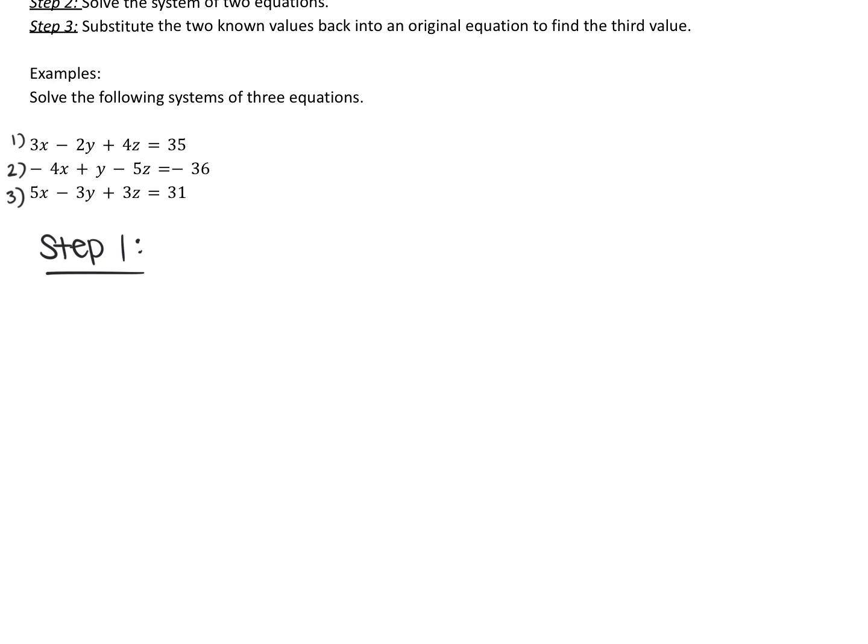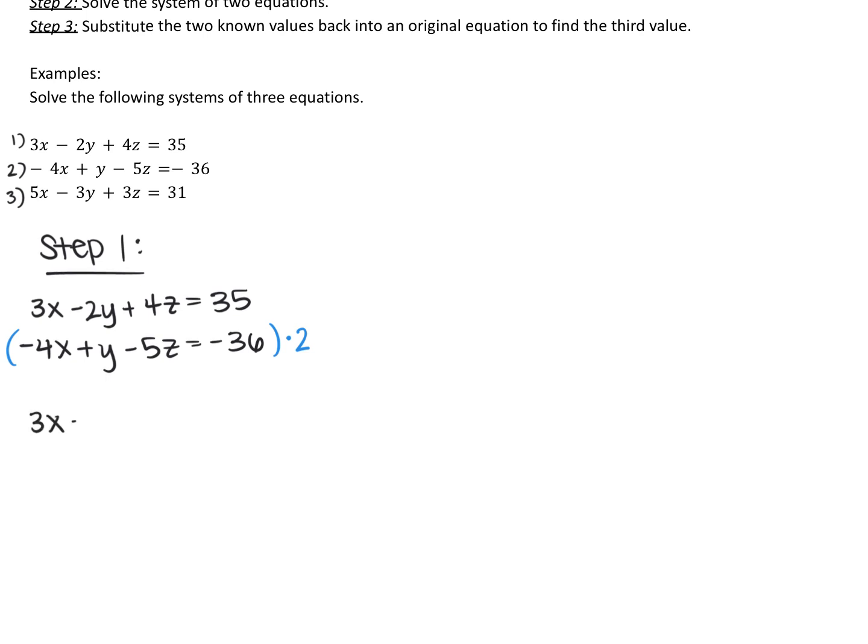So the first thing I'm going to do is using equations 1 and 2. So we have 3x minus 2y plus 4z equals 35, and negative 4x plus y minus 5z equals negative 36. So in order to eliminate y here, I need to multiply my second equation by 2.